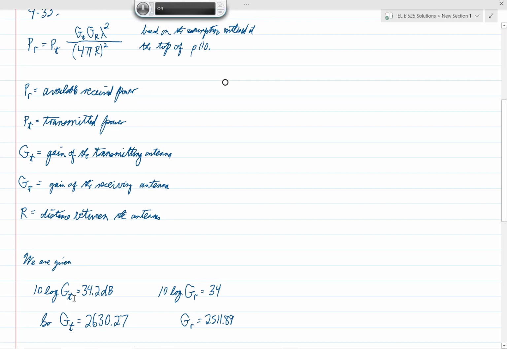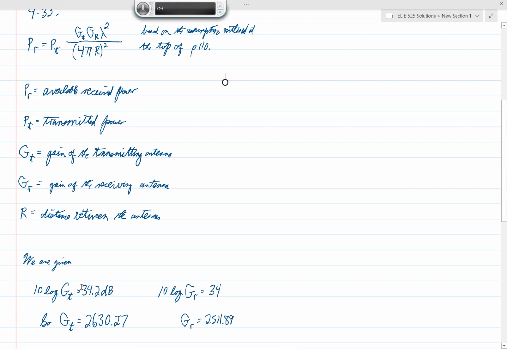you know that, again, GT in dB is 34.2 dB. And likewise, GR is 34 dB. I left off dB there, but it should be there.